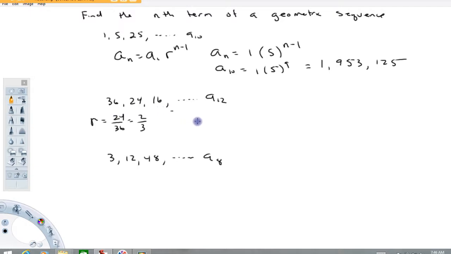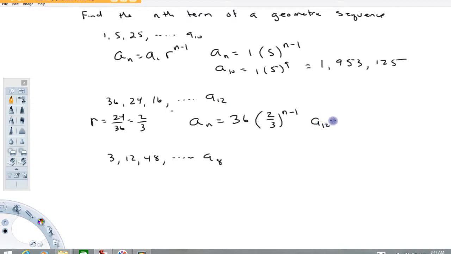So in this example, a sub n can be written as a1, the first value, times r to the n minus 1. And again, always check to make sure you're setting these up right. Starting at n equals 1, if you put a 1 here, 2/3 to the 0 is just 1 times 36, and that matches. All right, so now we want the 12th value.